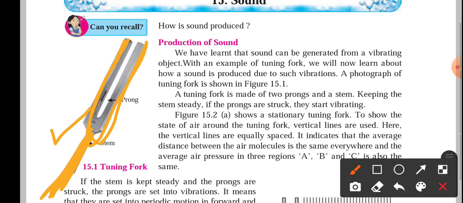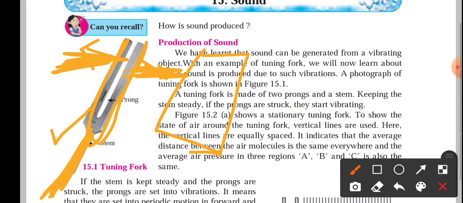When we strike this tuning fork on the rubber pad, the prongs start to vibrate. This will just vibrate like this continuously. Same way, this side also will go on moving like this.